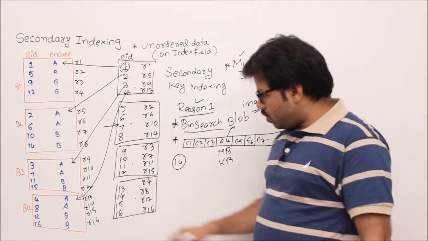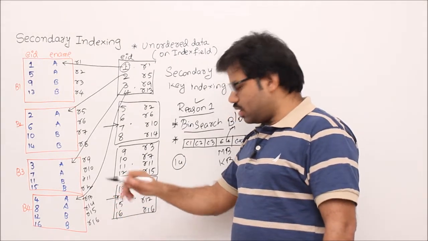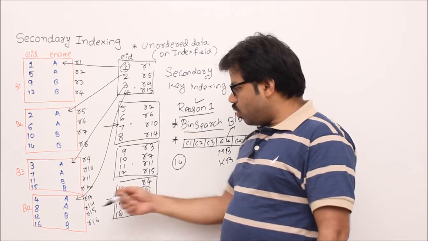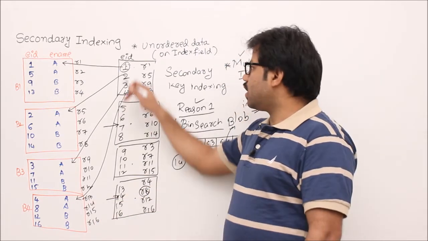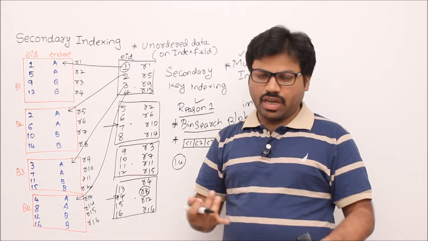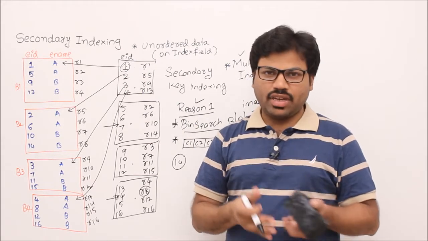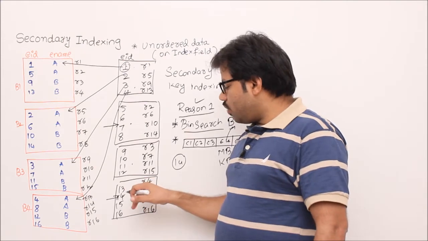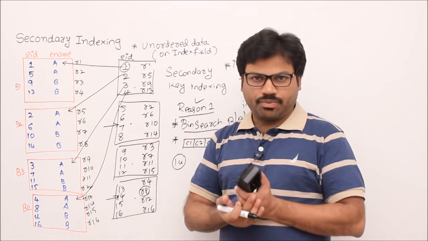For 14, you will come here and end your search. Once you get it, take the record pointer and directly go and fetch it. We know that the key field is a candidate key or primary key. That means no duplicates, so only one record. If you get this record, that would be fine.